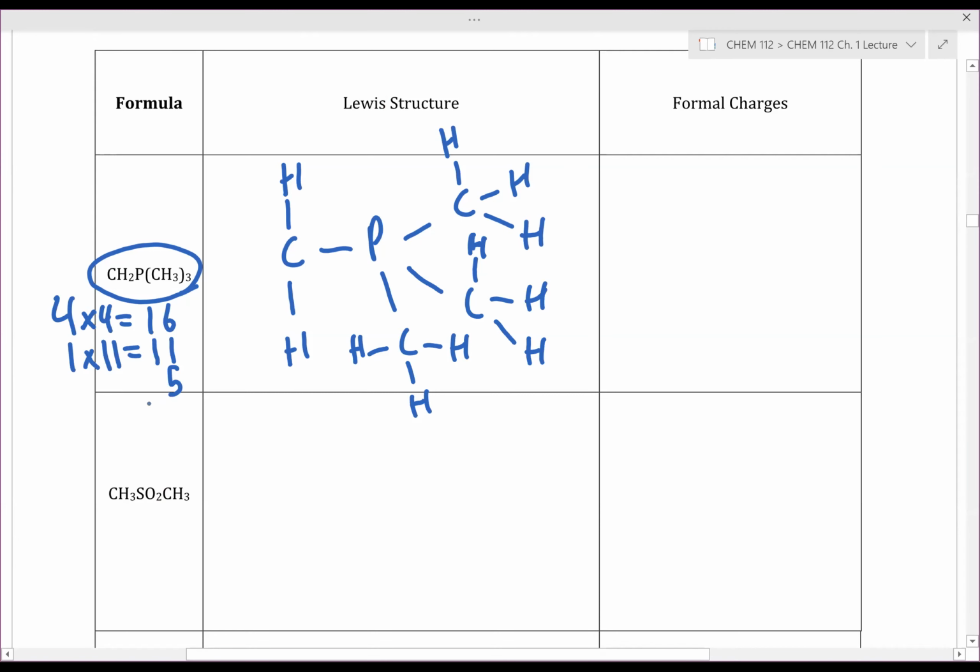Okay, perfect. So adding this together, we have a total of 32 electrons to work with. How many have we used up in drawing our skeleton? Yep. 2, 4, 6, 8, 10, 12, 14, 16, 18, 20, 22, 24, 26, 28, 30. We used up 30 of our electrons. We only have 2 electrons remaining.